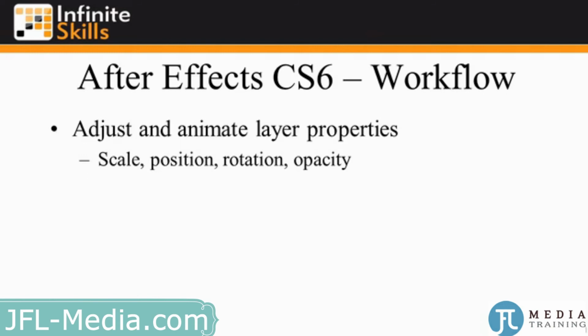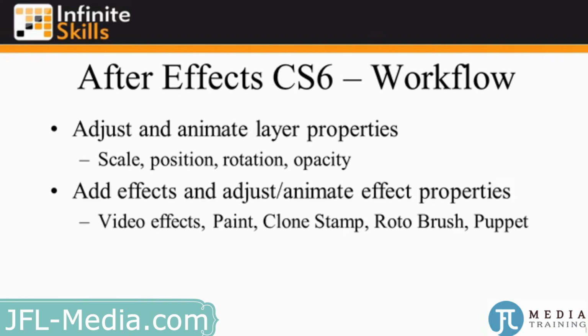Now, most layers have certain properties like scale, position, rotation, and opacity, but other layers have additional properties. Text and shape layers have all kinds of really cool properties that allow you to animate those shapes and those texts. In any event, you can adjust and animate them, and by animate them, I mean you can change them over time using keyframes.